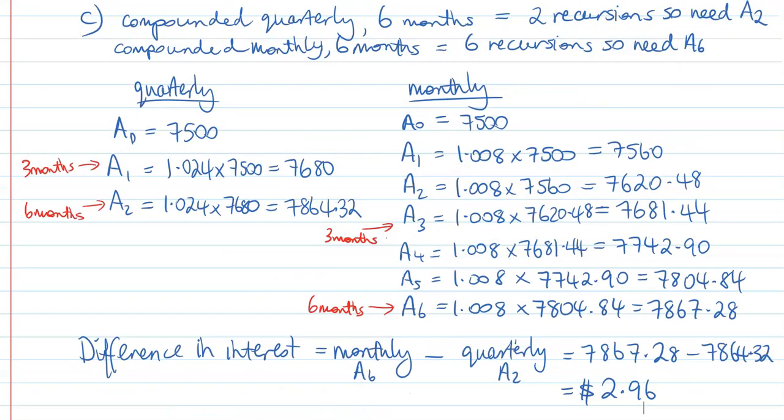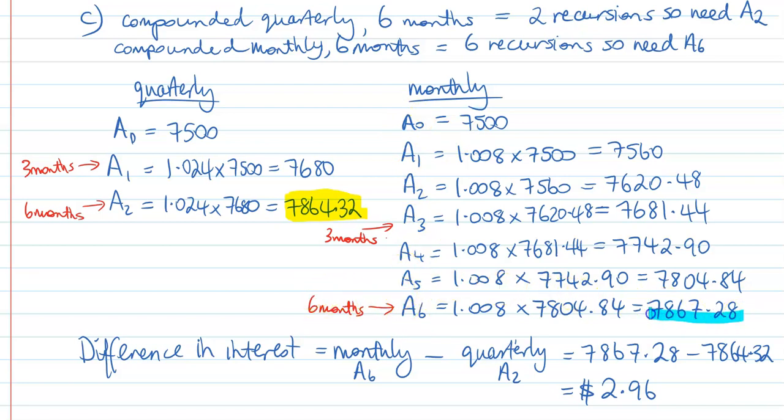Alright, let's just check the recursion models. So using the quarterly one, we know that we have to do only 2 recursions to get to the 6 months. So after 3 months and then after 6 months, we have our balance of $7,864.32. If we're doing the monthly recursions, we have to do 6 of them to get to the same 6-month period.